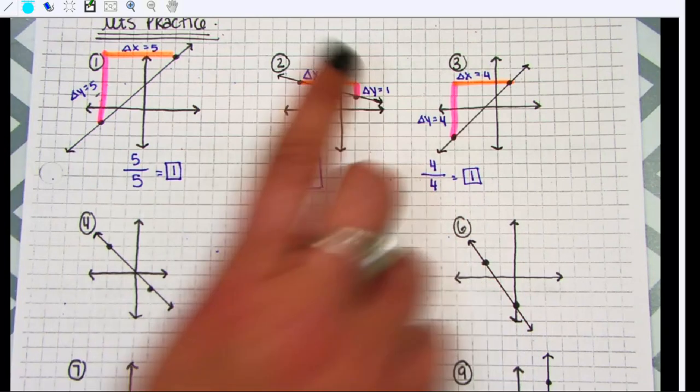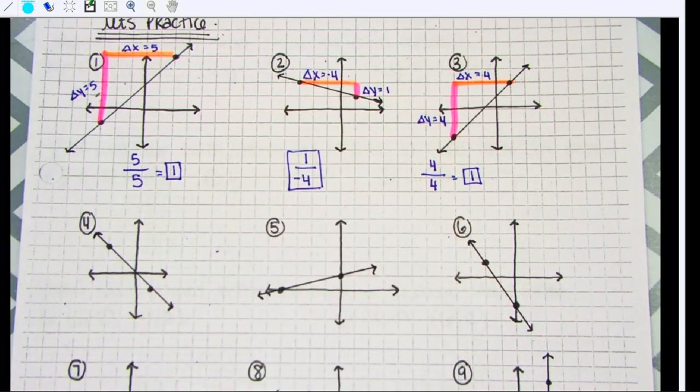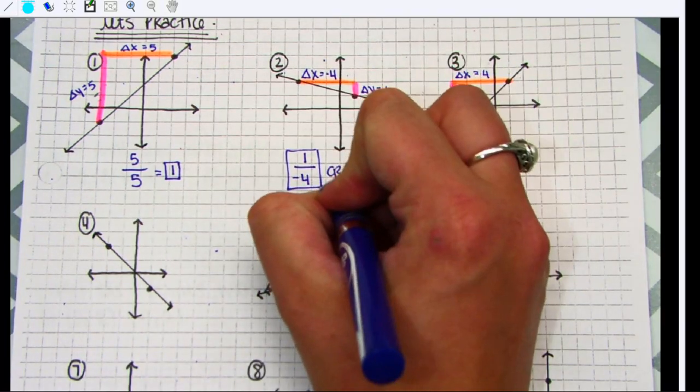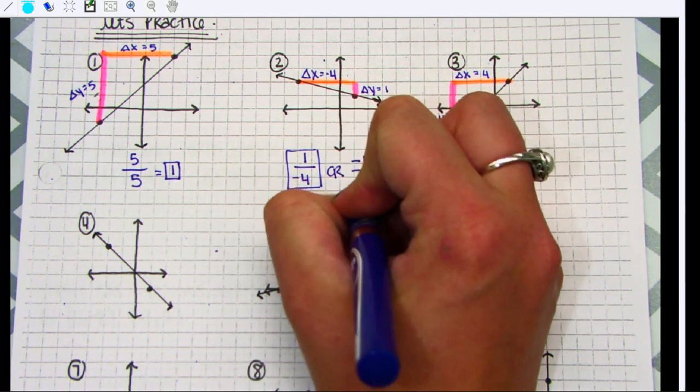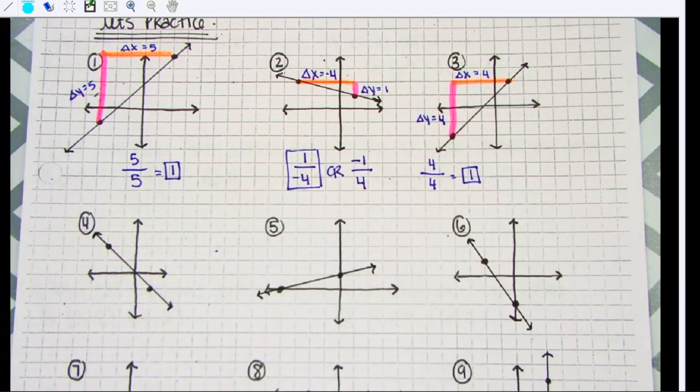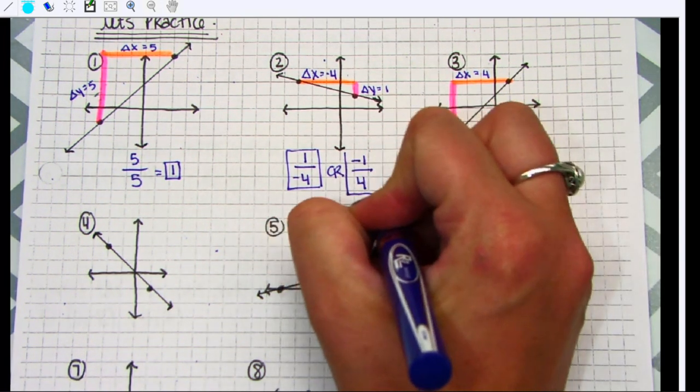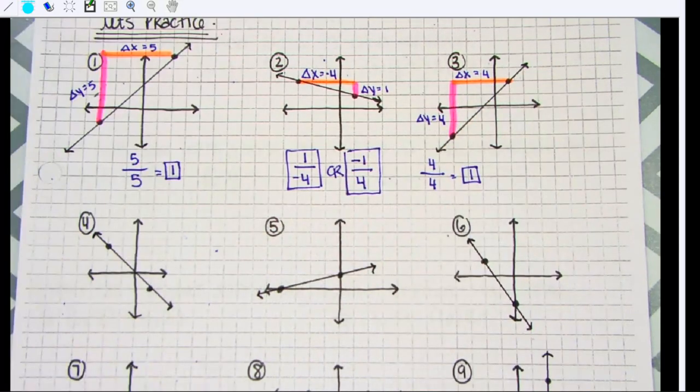So your fraction might say -1 over 4. Same thing. As long as there's only one negative in your fraction, it's fine. So it can be in the top, it can be in the bottom. Yeah, it does not matter. It can be in the top or it can be in the bottom.